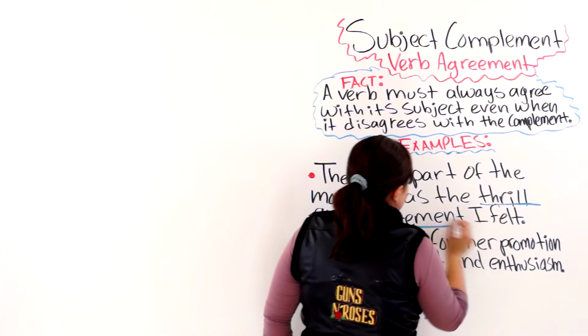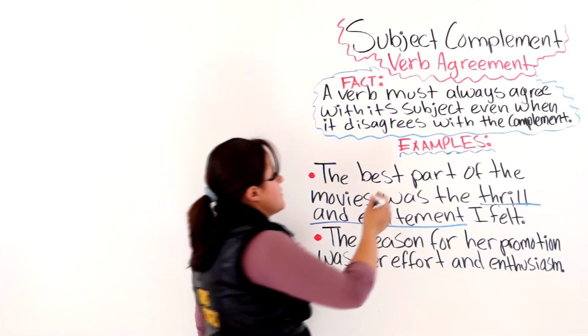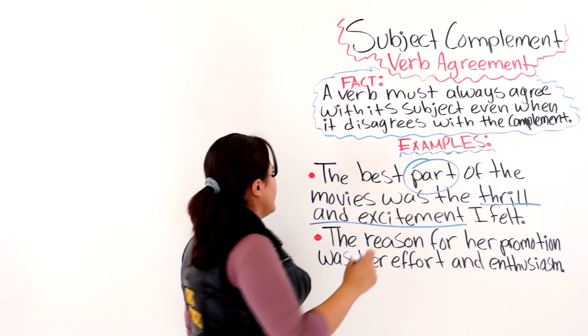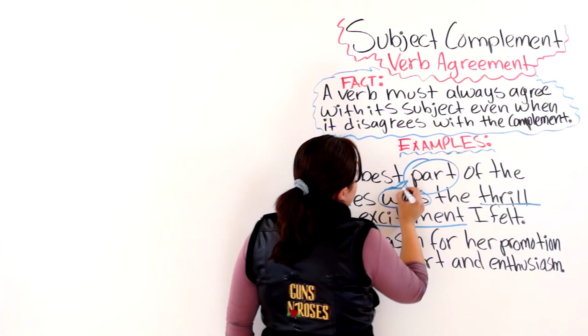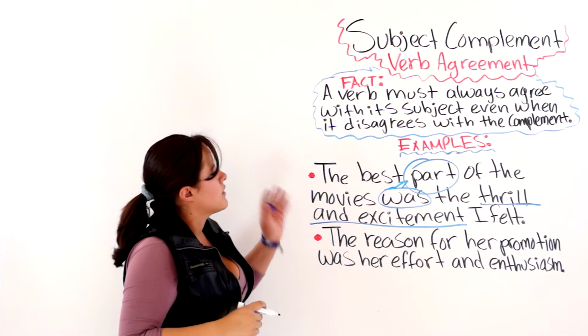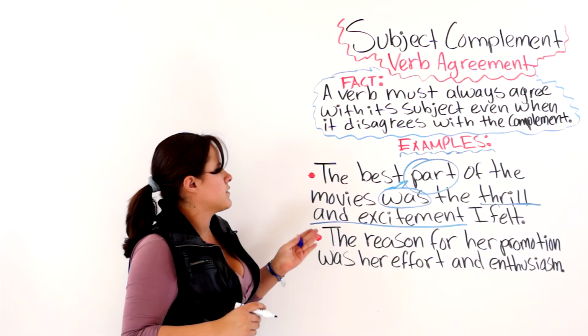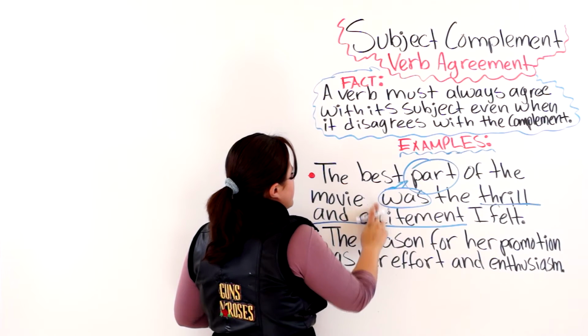We are talking about two things, thrill and excitement. But the subject here, part, is singular. And the verb agrees perfectly with its subject. The best part of the movies was the thrill and excitement I felt. Well, let's say movie instead of movies.